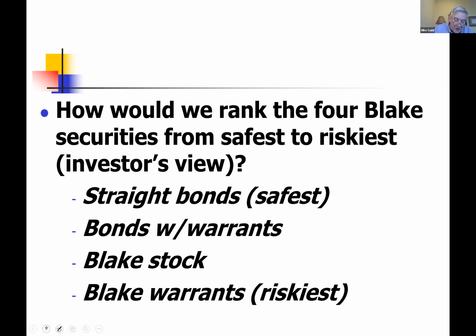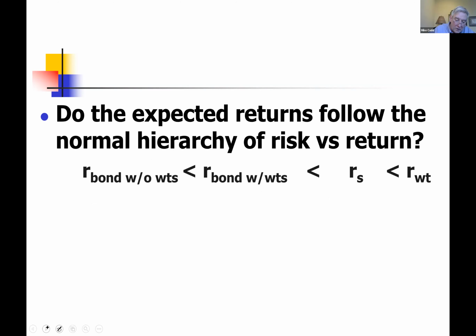So we would expect a hierarchy where the return on straight bonds was less than the return on bonds with warrants. I think we found the return on straight bonds.